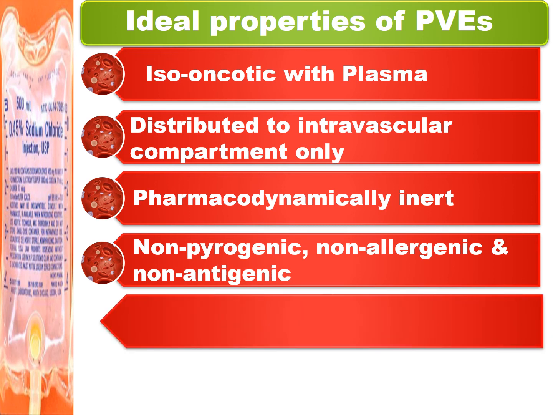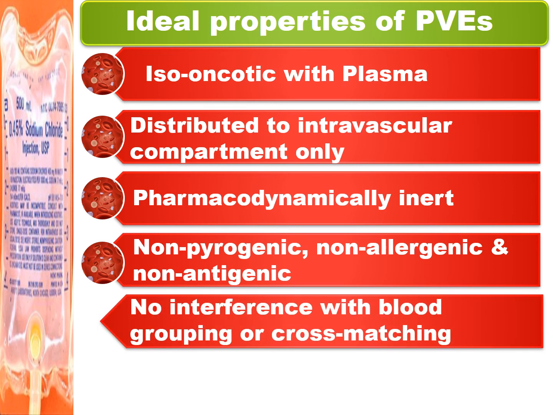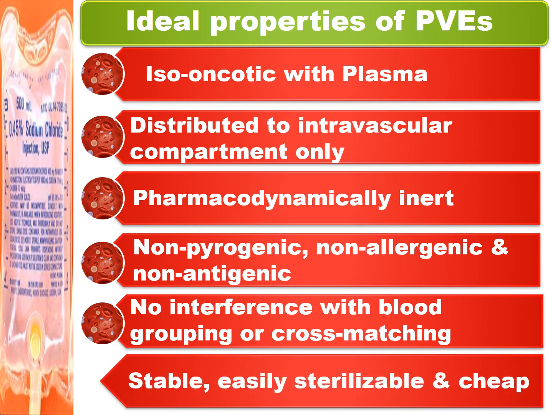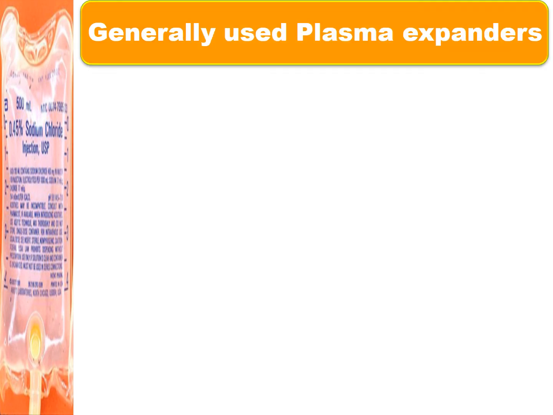And the fifth ideal property of plasma volume expanders is that they should not interfere with blood grouping or cross matching. And the last ideal property is that they should be stable, easily sterilizable, and cheap.